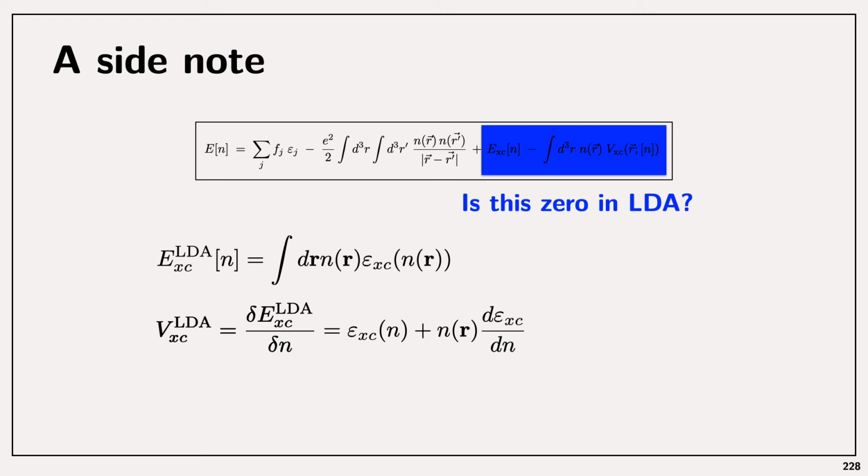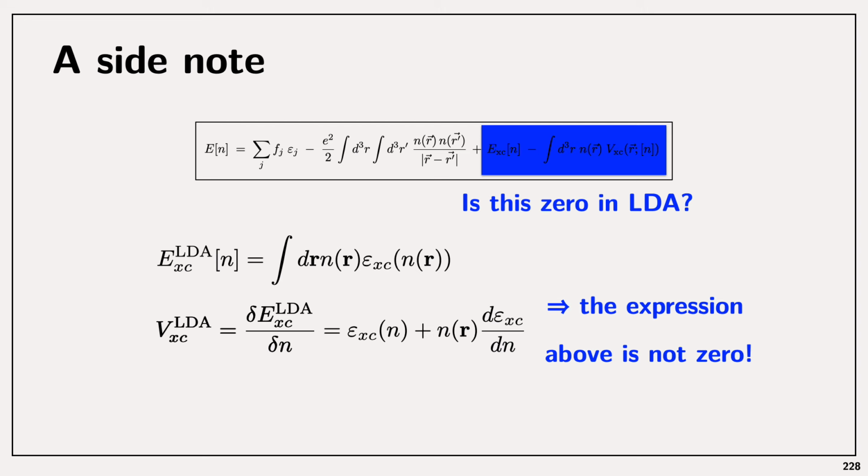And so we obtain that, which is nice because now we see that if we evaluate what we have in the blue box using the information that I just obtained, there is a term that's left, which is related to the density times the derivative of epsilon with respect to the density. That's very nice. And the expression in blue is not zero. So the two terms do not cancel. That gives you a hint.